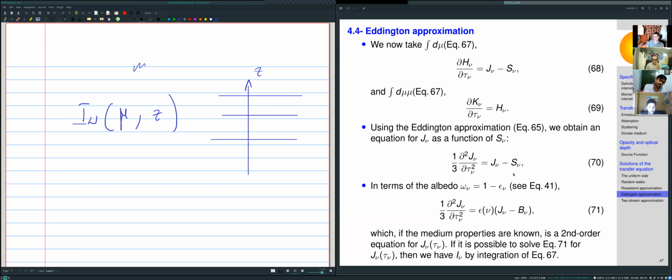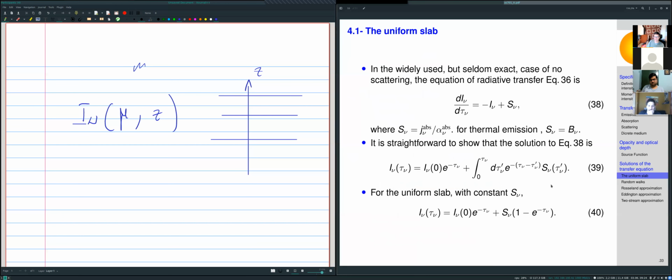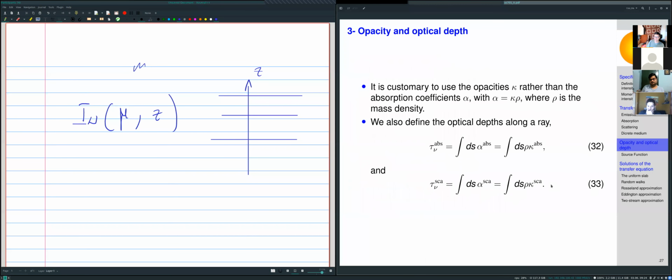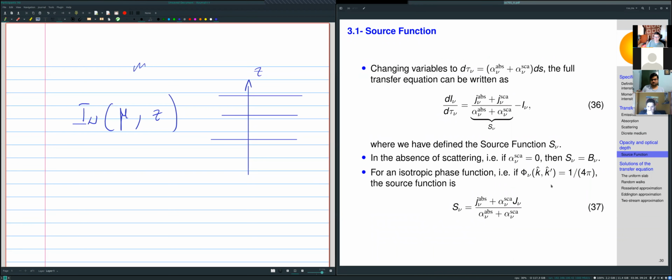So we can rewrite this equation in terms of the albedo. Instead of using the full expansion in terms of the source function, let me look at the expression for the source function again. So this is the source function.